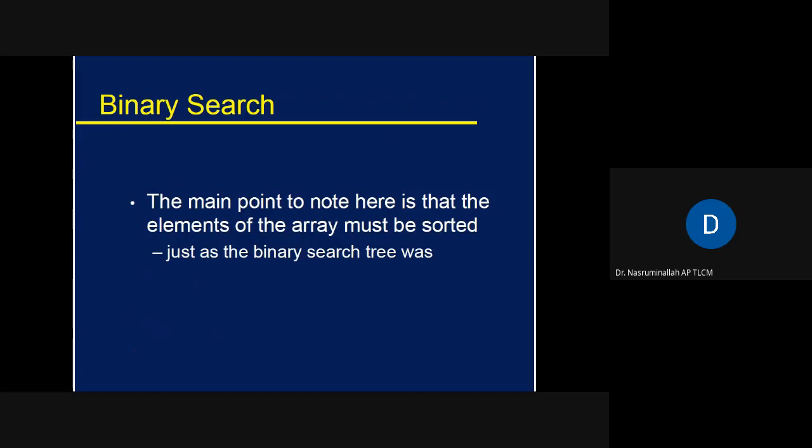The main condition for binary search to apply is that the data you are going to search needs to be in sorted order. For the linear search, it doesn't matter whether the data is sorted or unsorted, because linear search was not taking any advantage of the sorted form of the data.